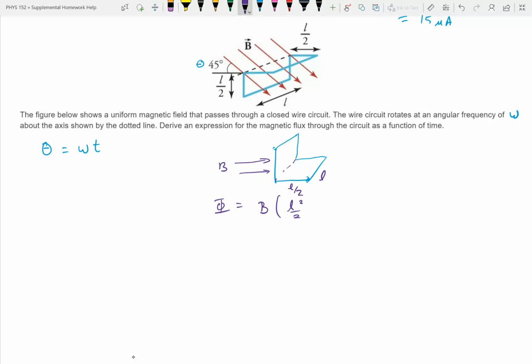And then this one here, it's going straight in, so one of them is going to be cosine, one of them is going to be sine. This one here, the angle would be 0 degrees. I have cosine of that angle. This one here is going to be perpendicular.